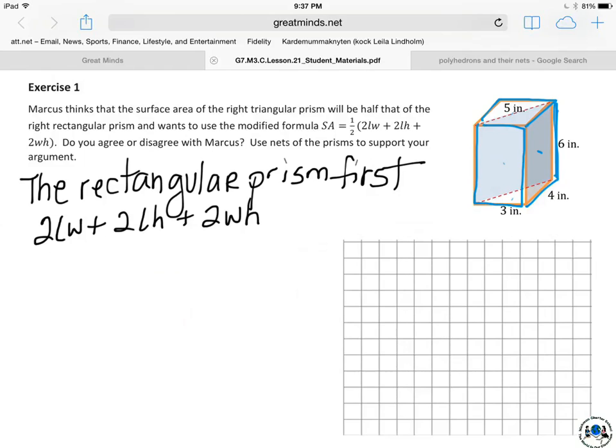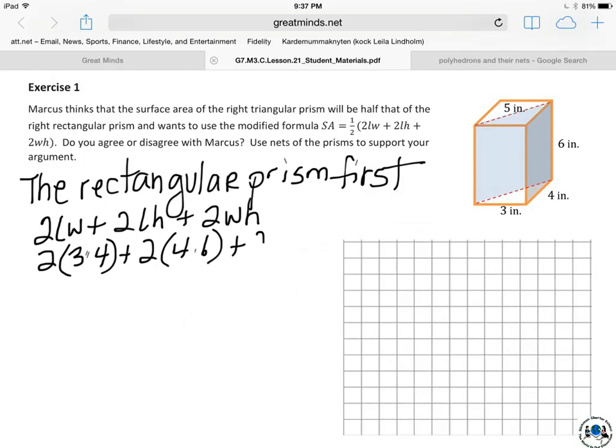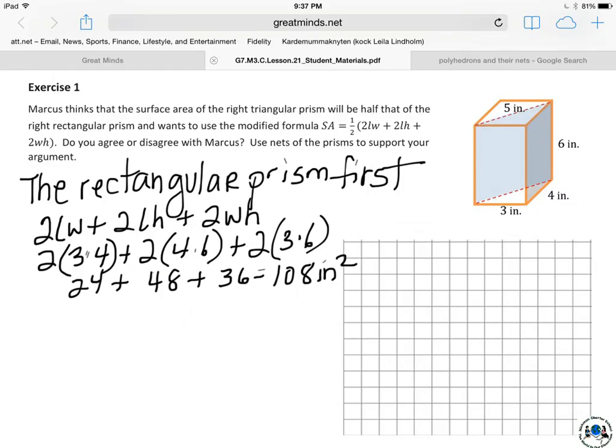I'm going to go ahead and just take those off. All right, so this is actually the same exact calculations as we did before, and you're going to see we're going to come up with again 108 square inches, because that's the exact same rectangular prism that we were working with before.